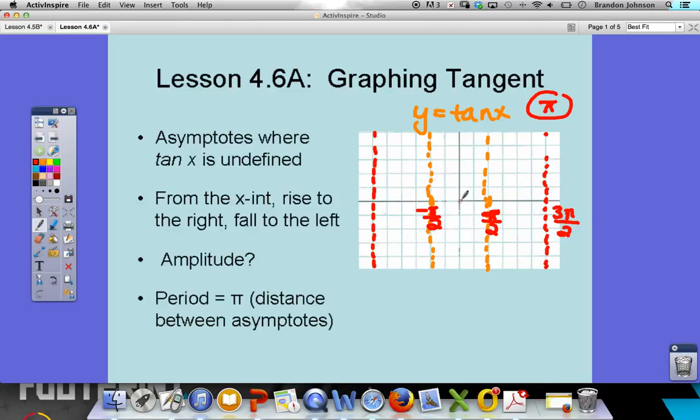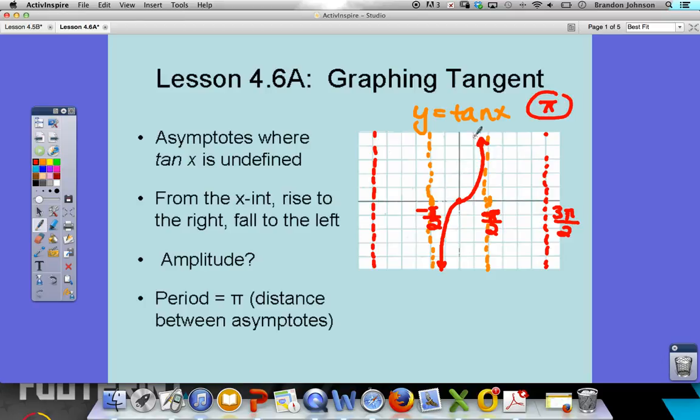Now, once I get to the middle here, in order to create our tangent of x graph, it's almost as if we're creating a parabola, except one side is going to go up, one side is going to go down. We're talking about a tangent of x graph that's positive. So what we do here is we rise to the right, approaching the asymptote but not crossing it, and fall to the left.